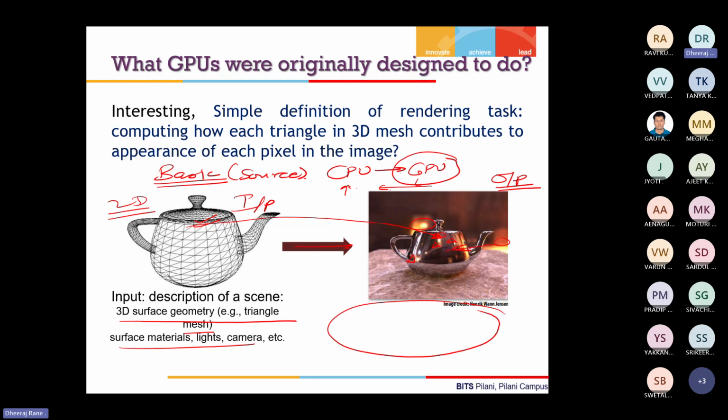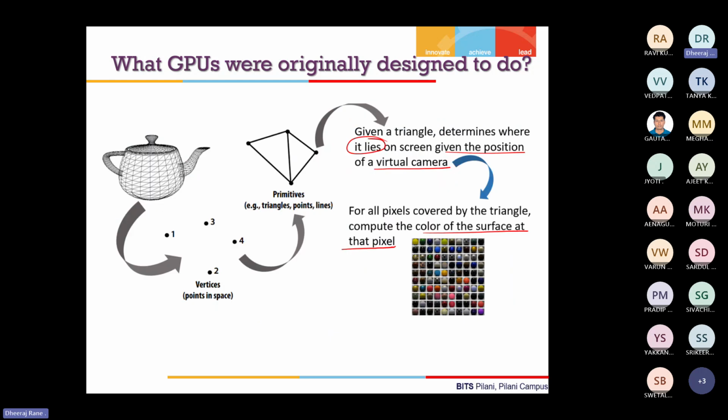So based on the basic information taken as input, the rest of the things almost remain the same. Ultimately we just have to fill it in parallel, and if it can be done in a parallel way, we can speed up the process drastically, right? So this is the case.